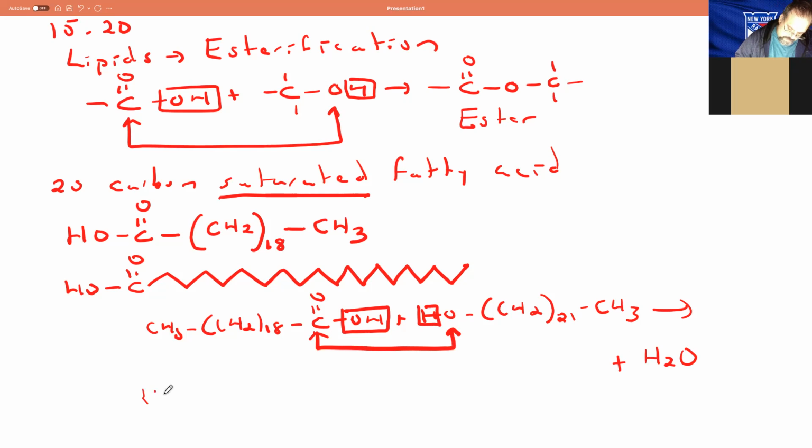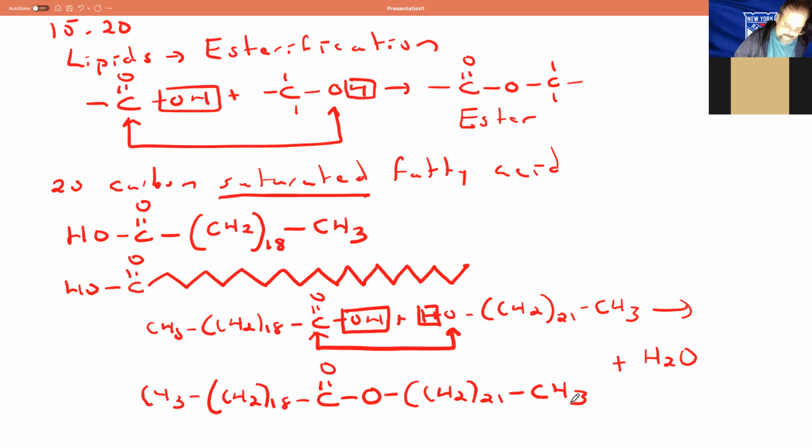So in this case, the structure of the wax that we're going to get, and again, I like to draw the fatty acid portion first: CH3, CH2 18, C double bond O. Then you have your connection to the alcohol portion. So there's the connectivity between them right here. And then you'd have 21 consecutive CH2s, and after that, CH3. So essentially, this is the structure of the wax that would result in this example.